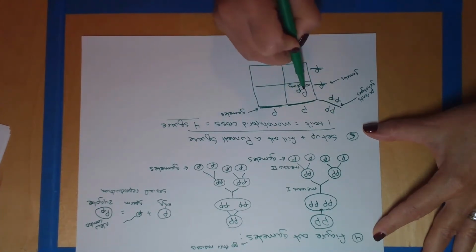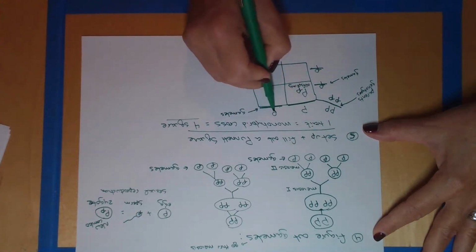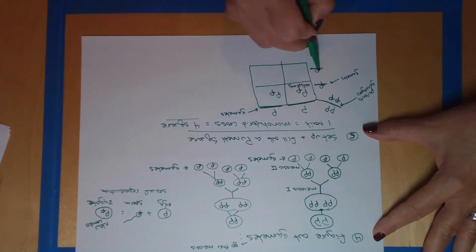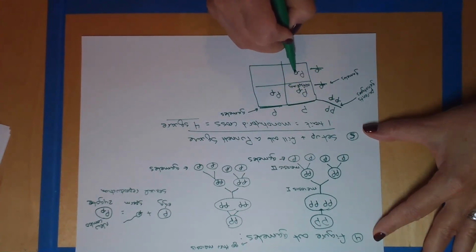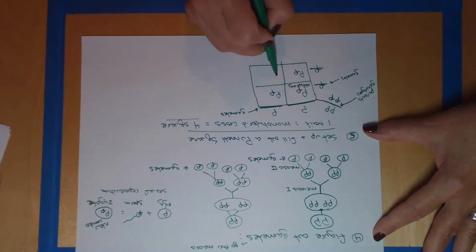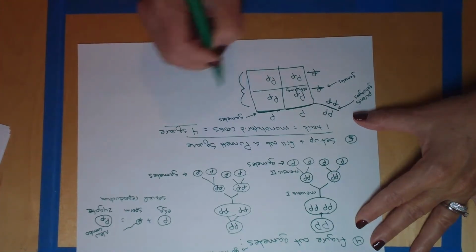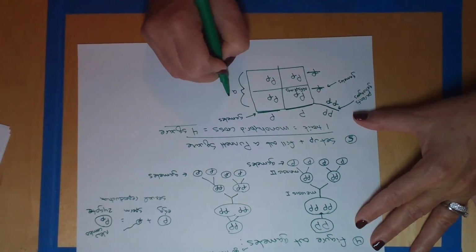All right? This is our new combination of genetic information. So we do that for all the boxes. We combine the gametes. So all 4 of these boxes, these are the offspring.